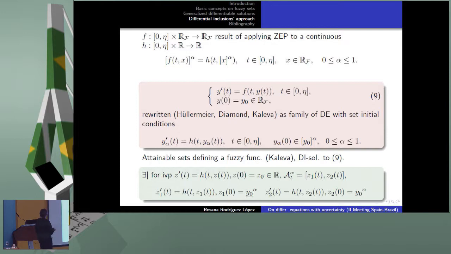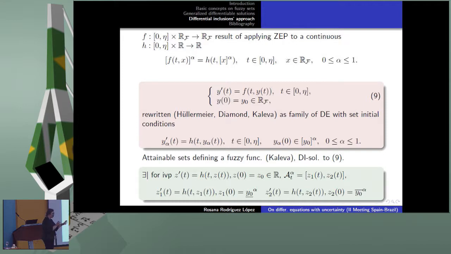In some previous works by Hüllermeier, Diamond, and Kaleva, this approach was only used for equations that are obtained by fuzzifying a real function, I mean, using Zadeh's extension principle. If this is the case, it is quite simple to use the differential inclusions approach in the sense that the levels of the f are going to be the image of the real h of t and the alpha level of the element.